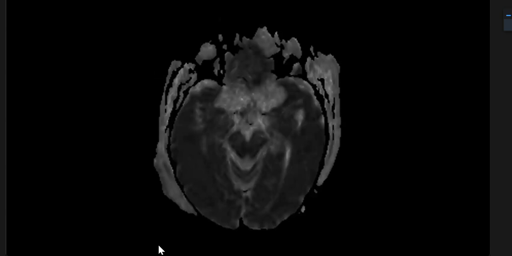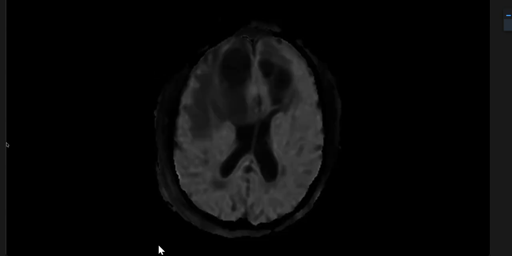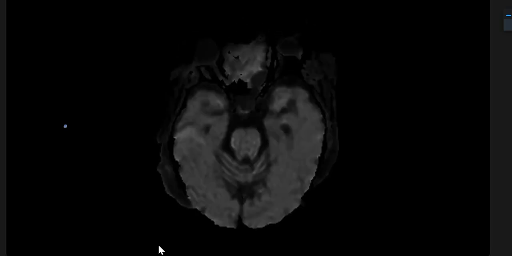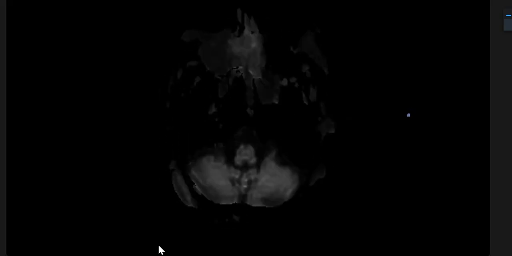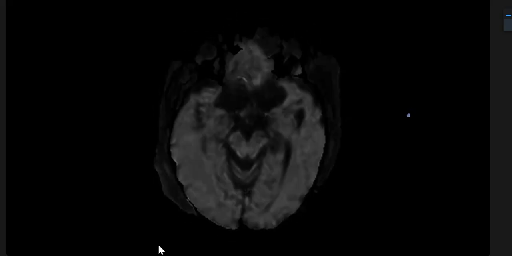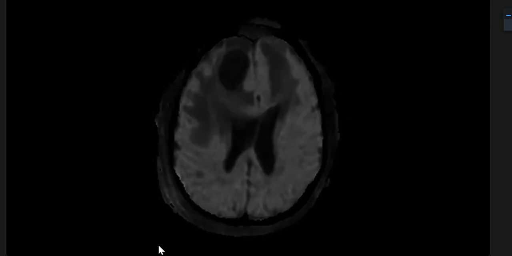Okay. This is the ADC. No, this is diffusion. Okay, here is the diffusion. There is no, sorry. Now it's corrupted. I can't see an area of diffusion restriction.